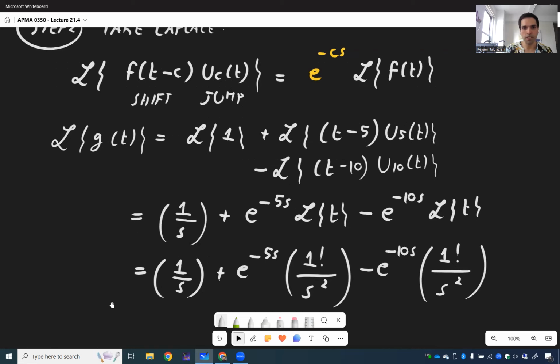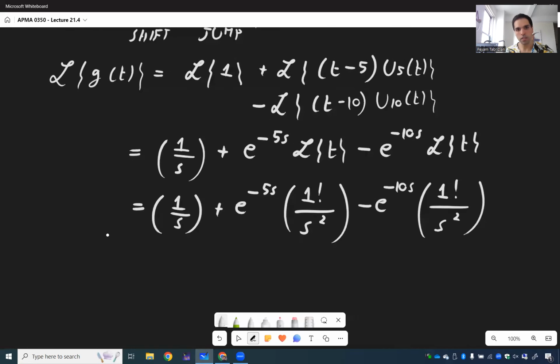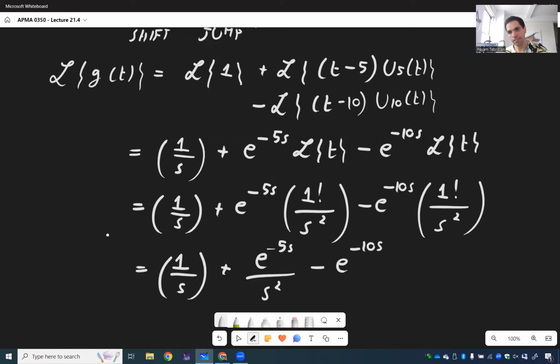So what this becomes is 1 over s plus e to the minus 5s over s squared minus e to the minus 10s over s squared.